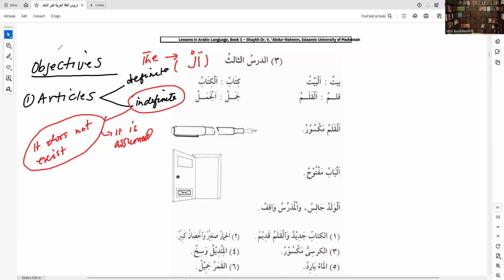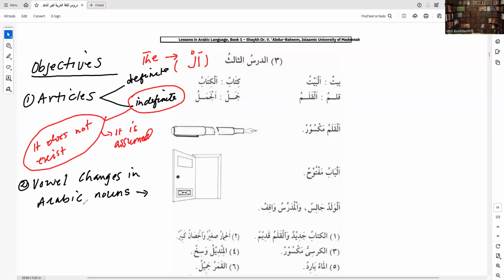Also, we're going to learn a very important thing on vowel changes in Arabic nouns. Very, very important. What are the vowel changes?